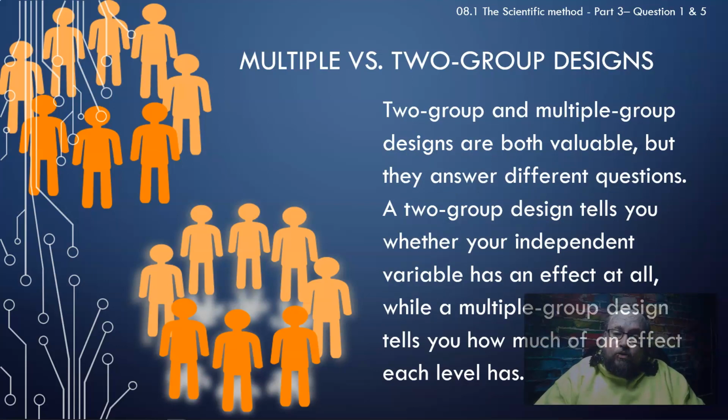So a 2-group and a multi-group design are both valuable, but they answer different questions. At bare minimum, a 2-group design tells you whether your independent variable has an effect at all, while a multiple group design tells you how much of an effect each level has.